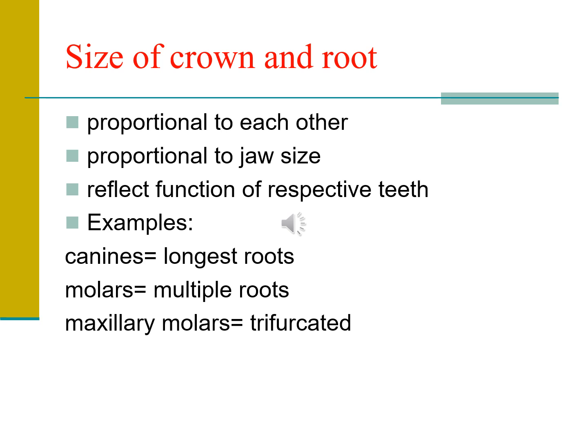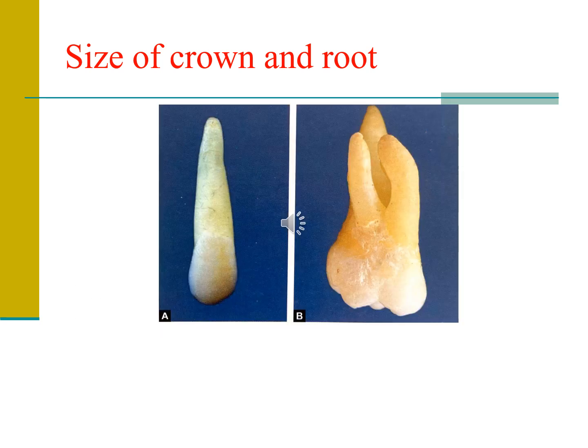In addition, we have many developmental depressions on the lateral surfaces of the roots, also to increase the surface area and enhance anchorage in the alveolar bone. Hence, you can notice the canine teeth with the longest roots to withstand the shear forces at the corners of the mouth, and also the tripod arrangement of the maxillary molar roots to provide maximum anchorage in the alveolar bone.